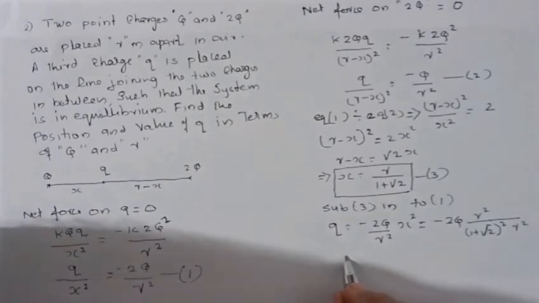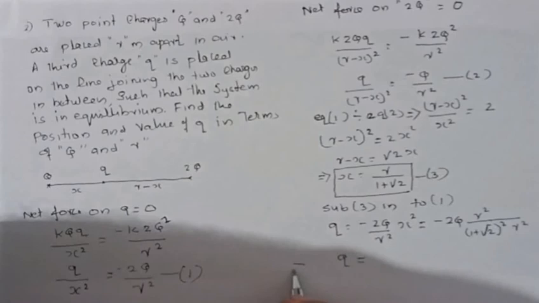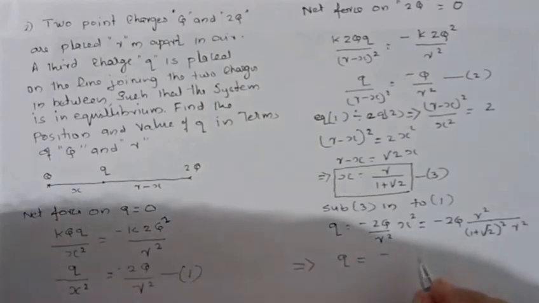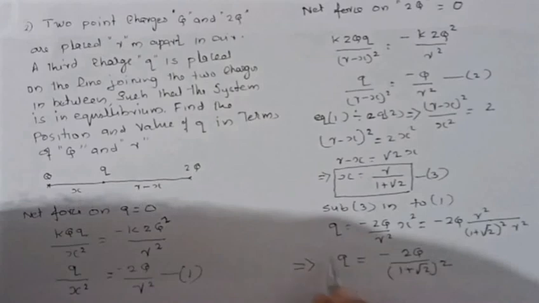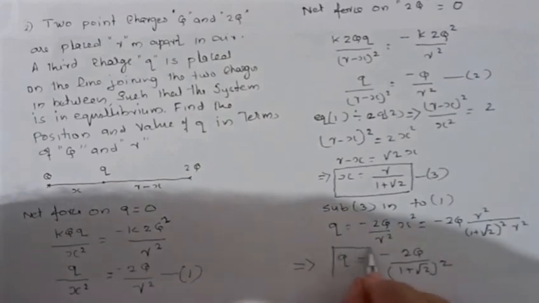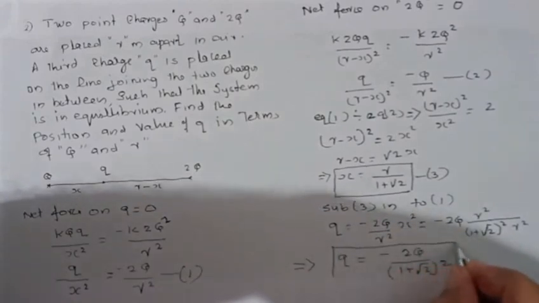So r square and r square get cancelled out. You will get q is equal to minus 2Q upon 1 plus root 2 whole square. That will be the q value.